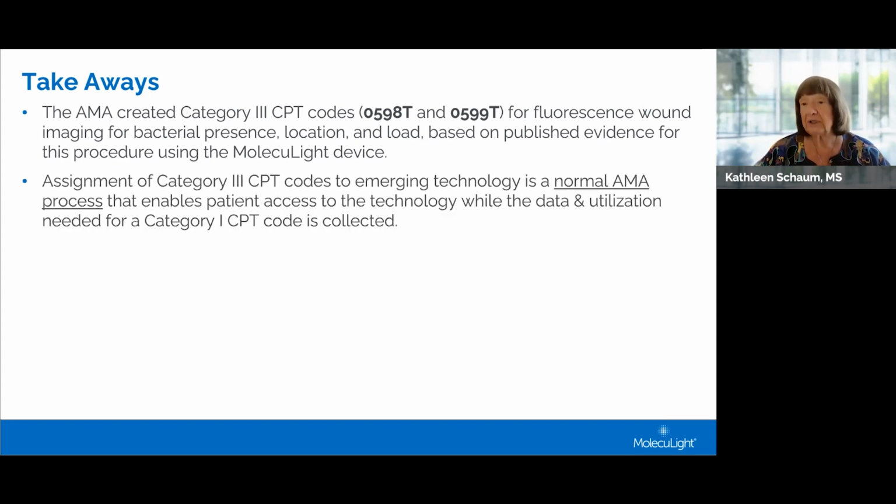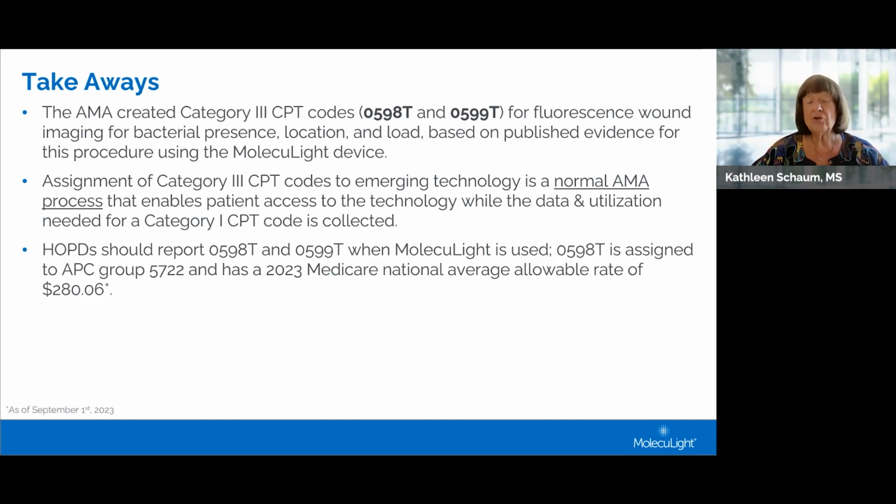Now, the assignment of Category 3 codes to emerging technology like MolecuLight is a completely normal AMA process that enables patient access to the technology, while the data and utilization needed for a Category 1 CPT code is collected. Now, let's talk about the reporting of these codes. HOPDs should report 0598T and 0599T when MolecuLight is medically indicated and used.